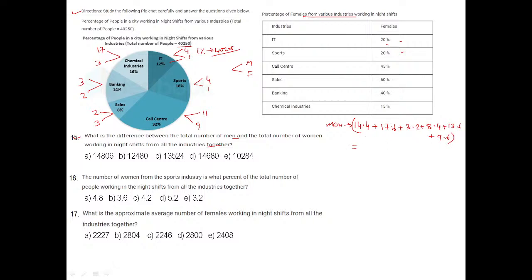Sum this up, that means this is 32 plus 22, 25.2 plus 9.6, that means 34, 68, 66, yeah, this is 66.8.